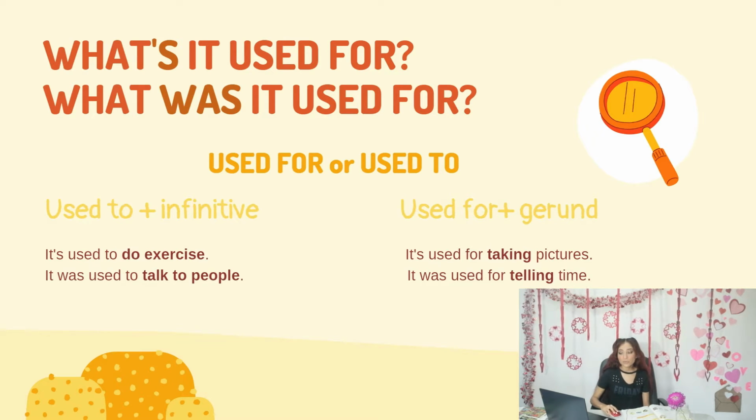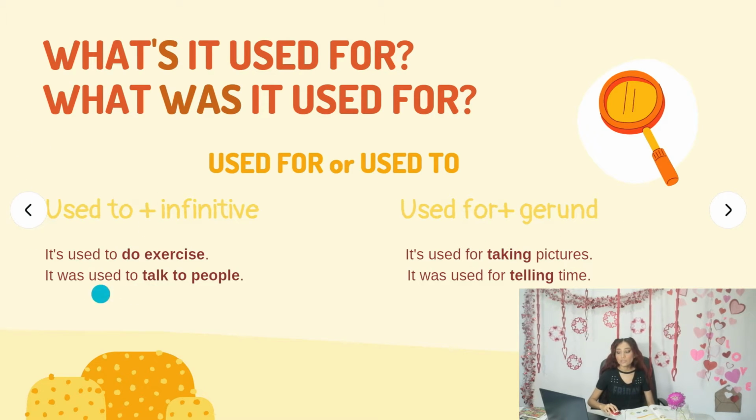What is it used for, or what's it used for, that is for present, and what was it used for, that is for past. We have also two types of answers that we can use: used for or used to.